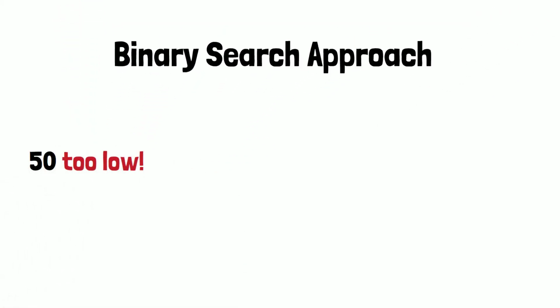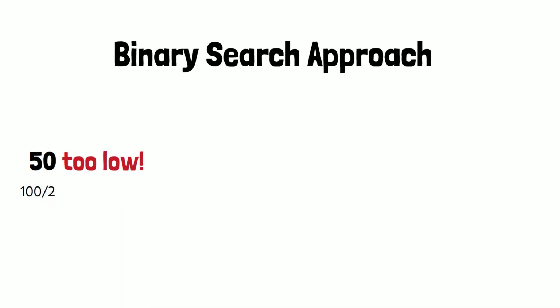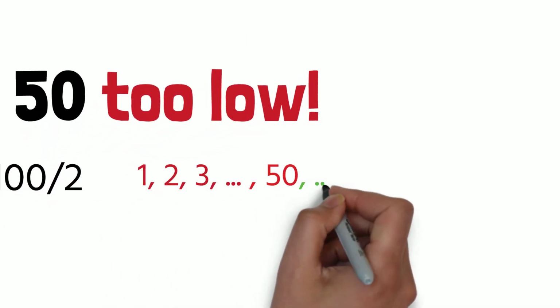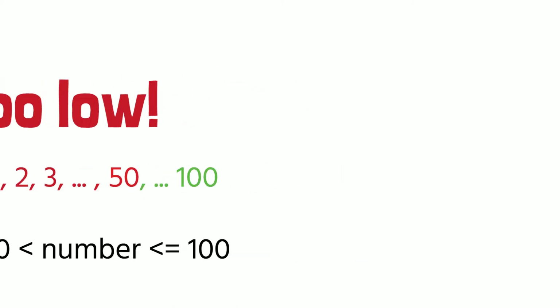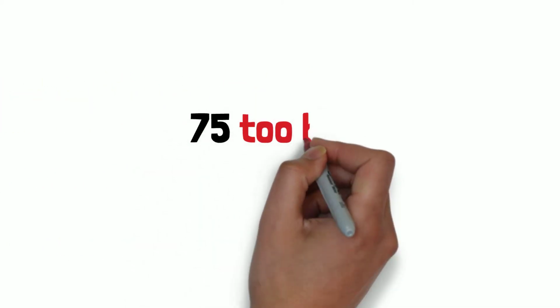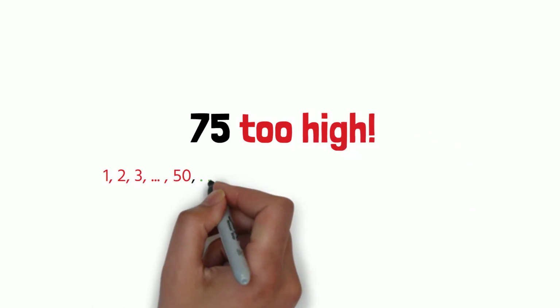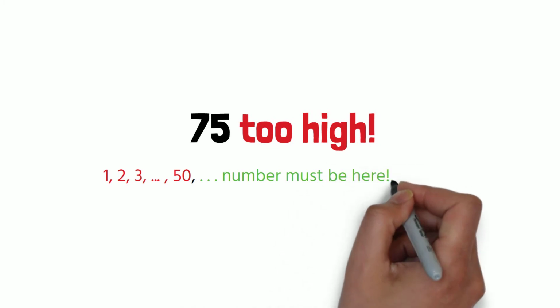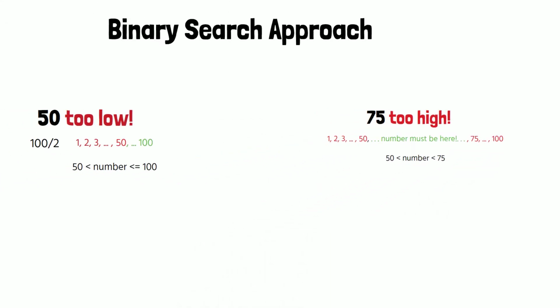Let's start off with 50, which is half of 100, and I would tell you that it's too low. But now you just eliminated all the numbers before 50. Next, 75. That is too high. But again, you cut down half of the remaining numbers, so the possible solution is between 50 and 75.